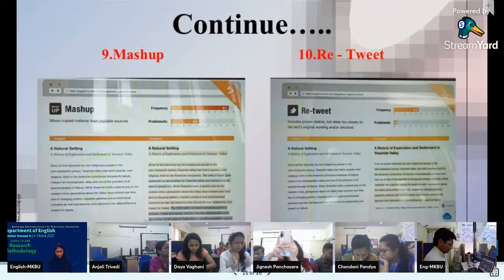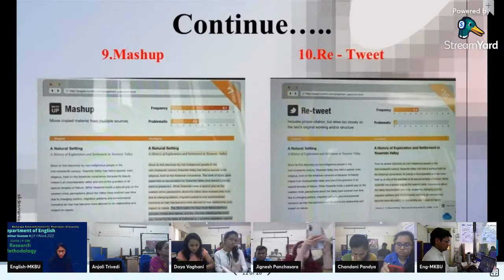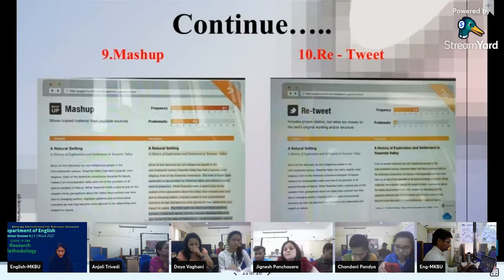In retweet, the blending includes proper citations of sources, but too much text is used from the original text.